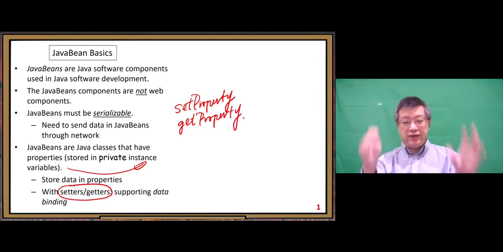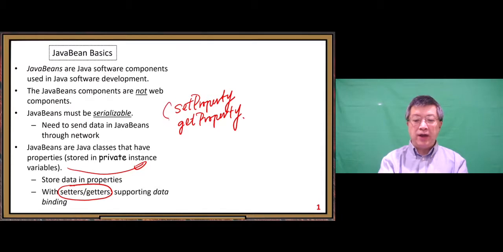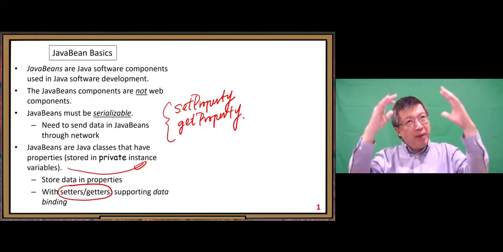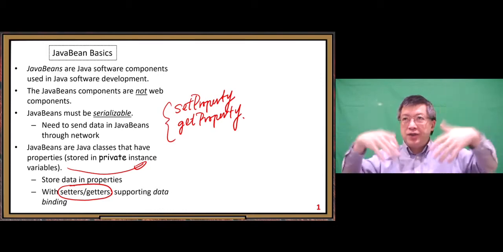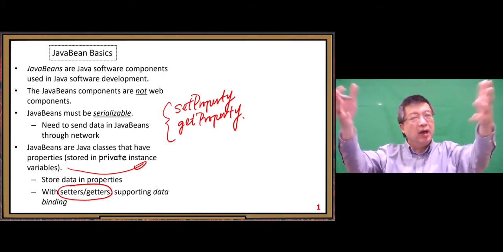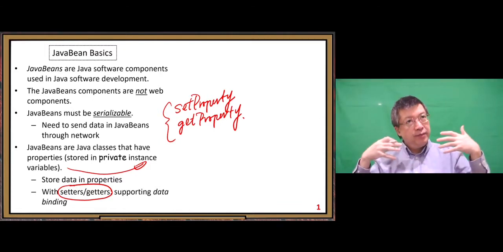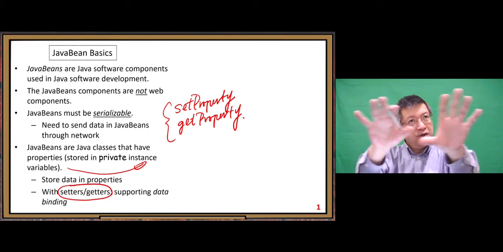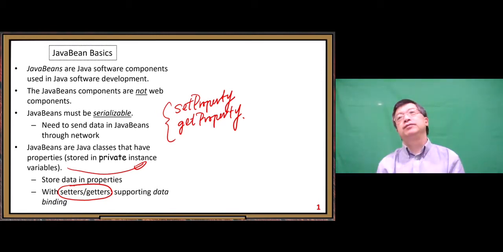Those methods we call setters and getters. Through those methods, we can access data stored in JavaBeans, retrieve them, and update or change the values of those properties.